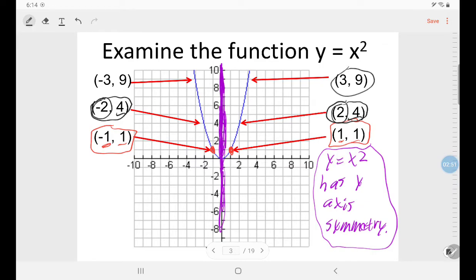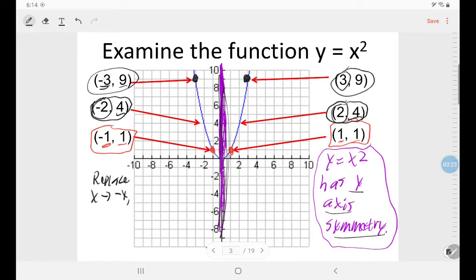Likewise here. It contains the point 3, 9. It also contains -3, 9. So the lesson I hope you're getting from this y-axis symmetry is not just that the y-axis cuts it in half. I hope you're seeing that when you replace x with -x, it has no impact on the y value.